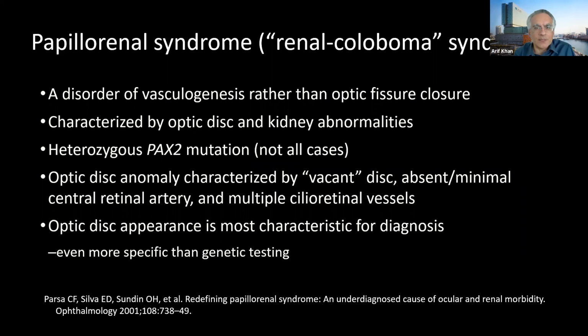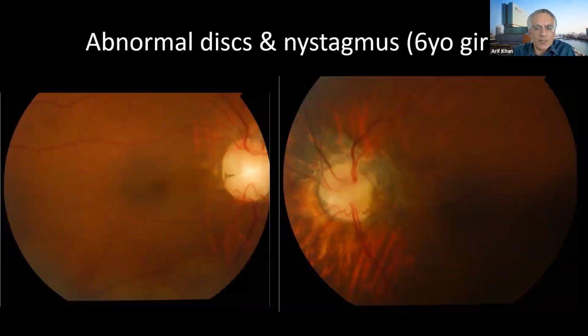They never had glaucoma. It's often because they do have visual field defects, and especially if you see an adult like this, you might think that it's glaucoma, but it's a congenital abnormality.